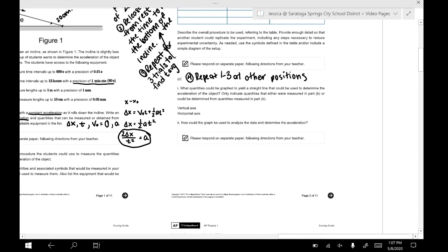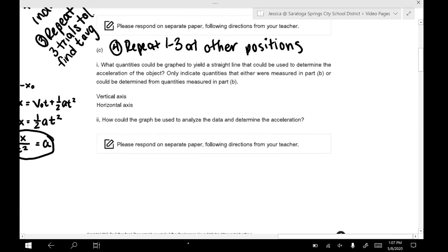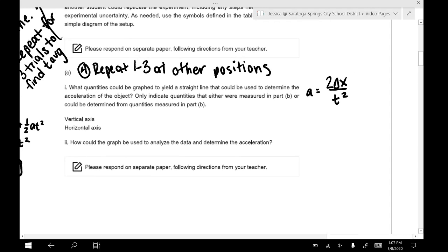All right. So what quantities could be graphed to yield a straight line that could determine the acceleration of the object? Only indicate quantities that were either measured in part B or could be determined from part B. So remember, our acceleration equation for this problem is 2 delta x over t squared.